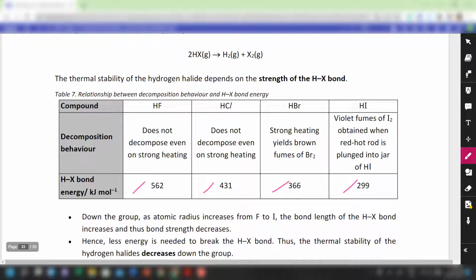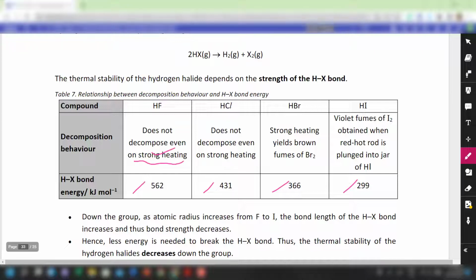So you expect the covalent bond to have a partial ionic character, or you can call that a polar covalent bond. So the covalent bond strength is strengthened by the ionic character. Therefore you expect it to be very strong, and we can see that from the fact that it does not decompose even upon strong heating.